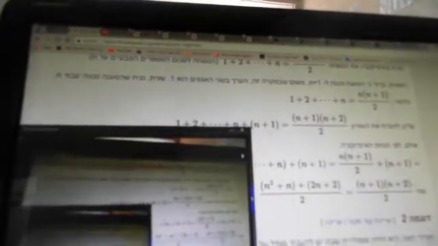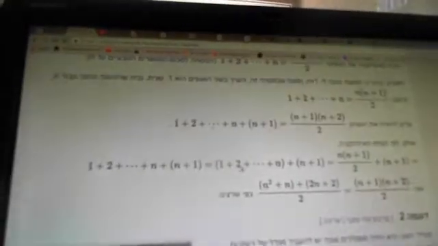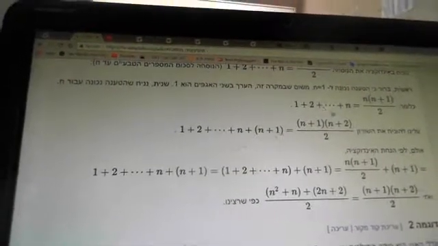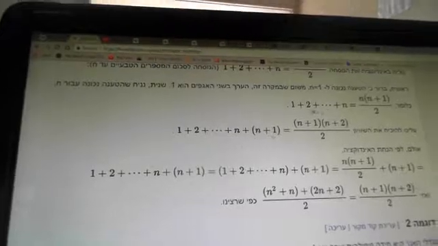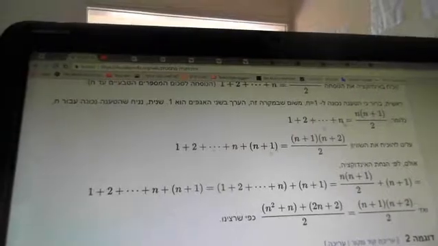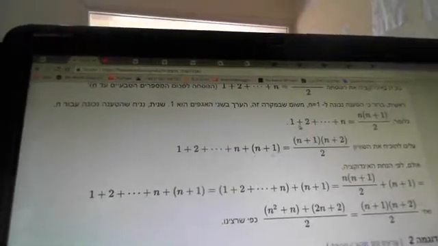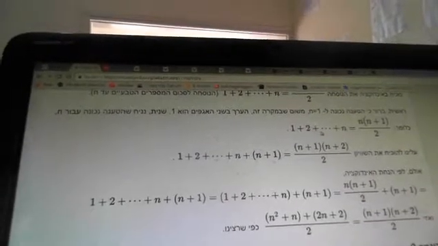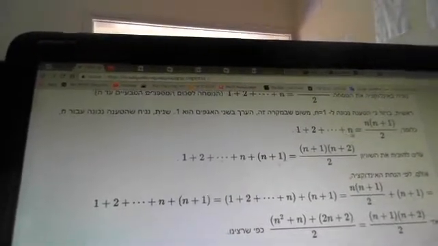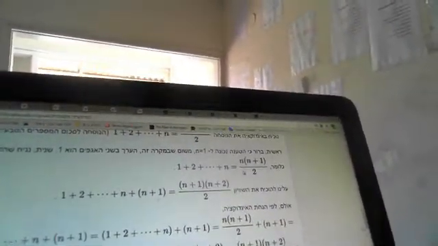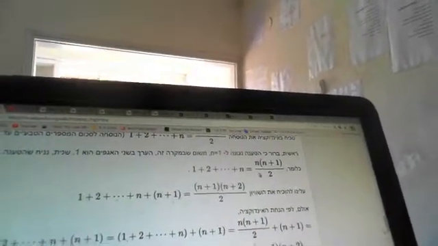So what we did here is change the left side of equation 1 by the right side of equation 1. Instead of 1 plus 2 plus 3 plus etc. plus n, we write n multiplied by n plus 1, and all is divided by 2.